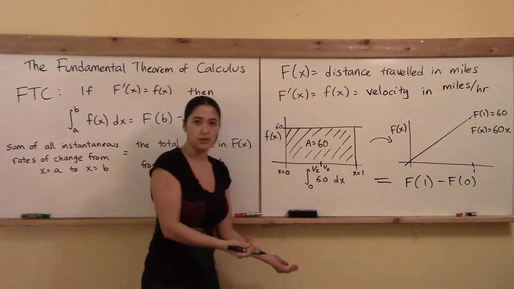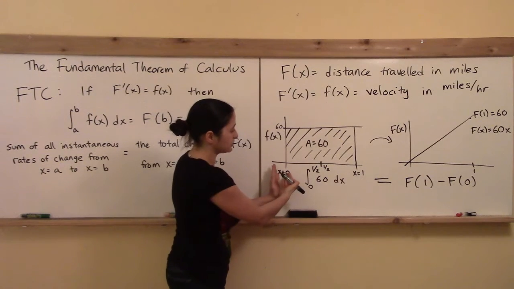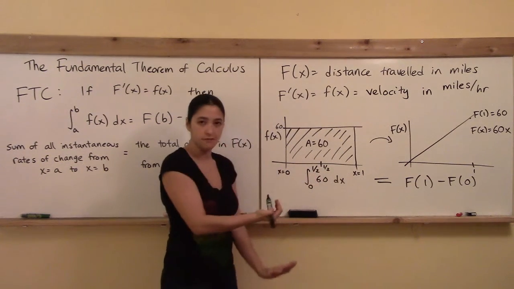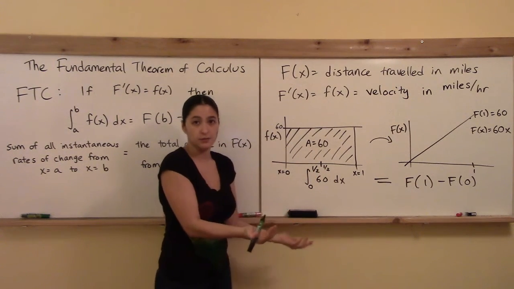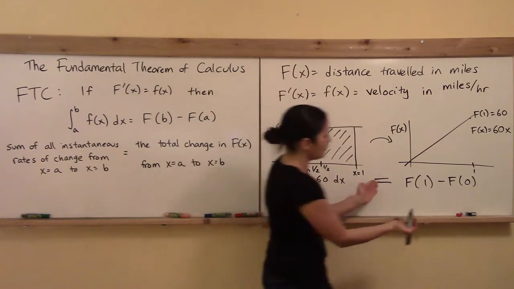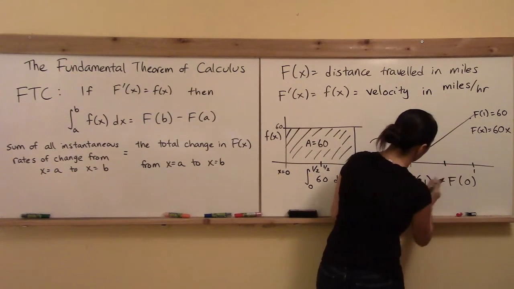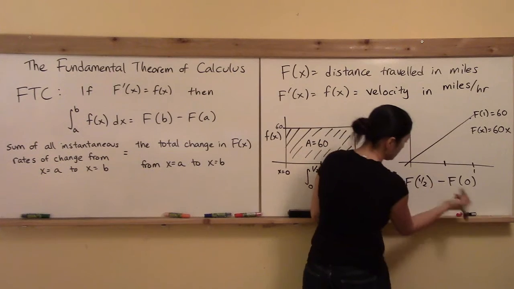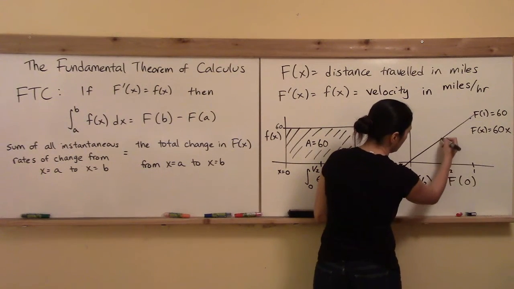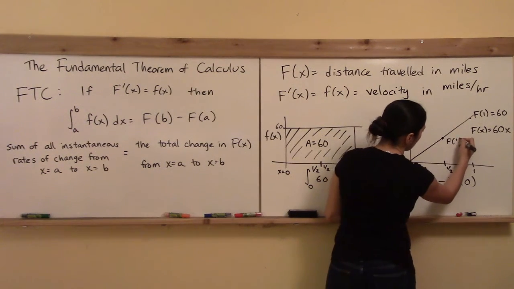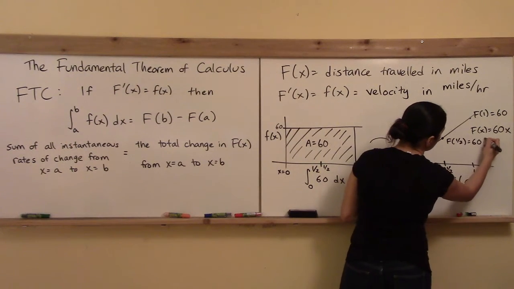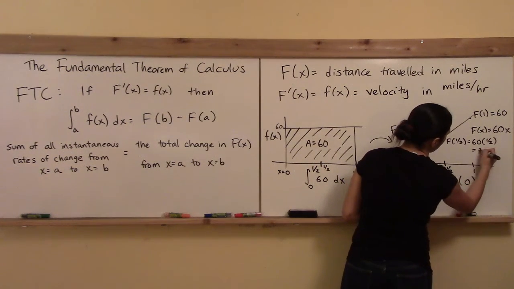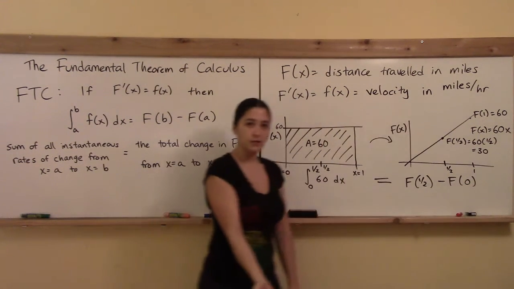And how far will I have gone if I travel 60 miles per hour just for 1/2 of an hour? That would only be 30 miles, right? And so what that would be is F of 1/2 minus F of 0. And you can see that right here, F of 1/2 is 60 times 1/2, and that would equal 30.